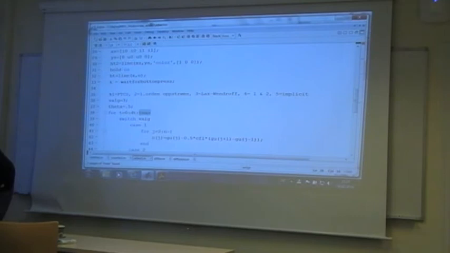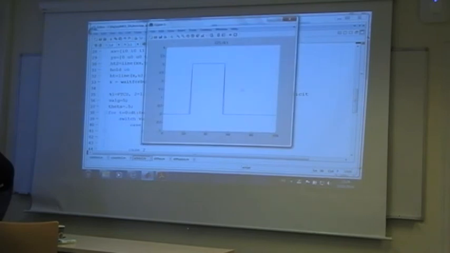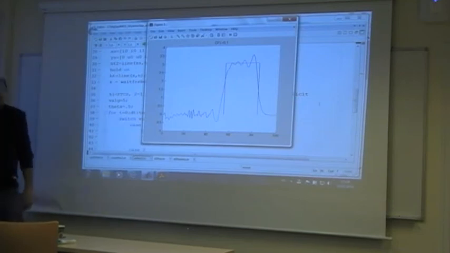Finally, we have something called implicit methods. Now if I choose an implicit here, just to show you, it doesn't even help. What is an implicit method?